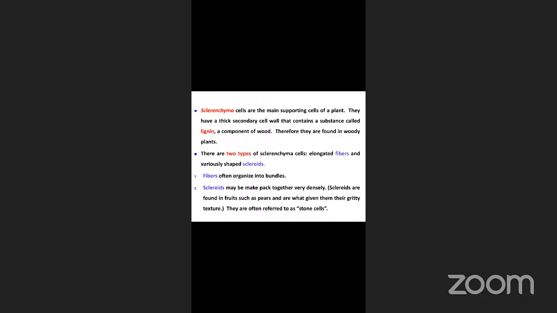Some fibers also show septa; these are designated as septate fibers, long elongated cells.